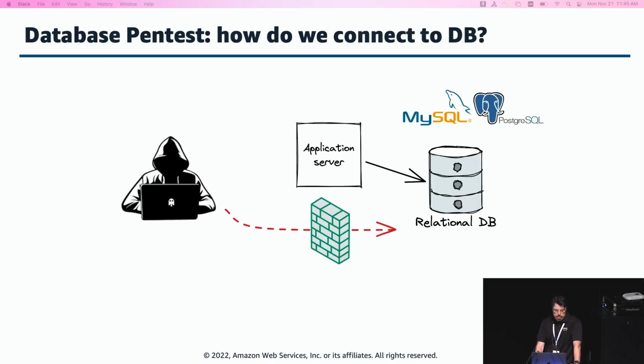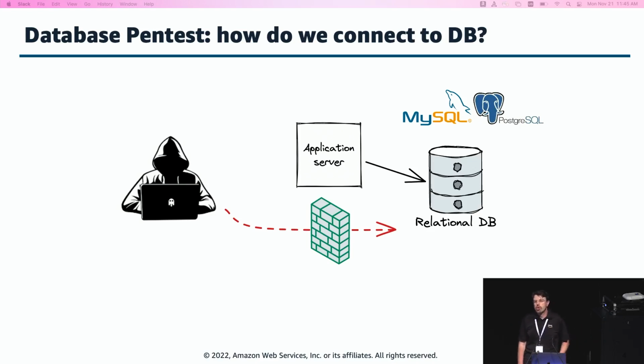So let's start. The topic of today's discussion is database penetration test, a database pen test. A typical way of thinking about how we pen test a database, or how a hacker will try to access the database, is by directly connecting to the database.